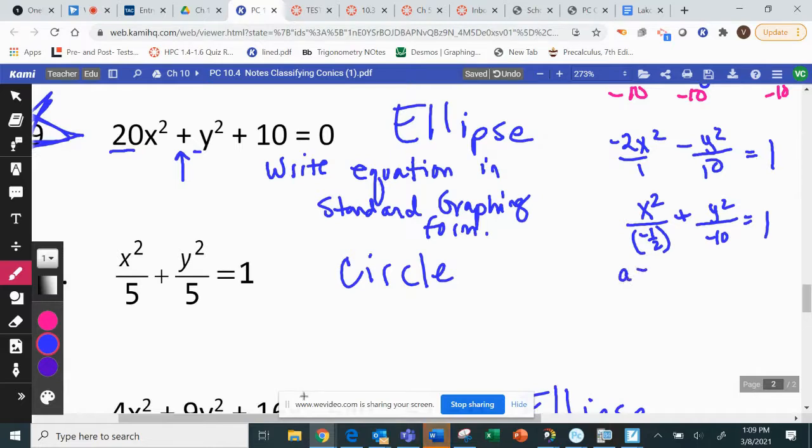So what's my A and B value? When I go to graph this, Ava, what would my A or B value be? This is A squared or B squared. Which one?